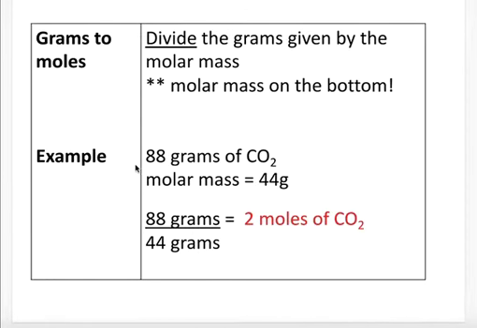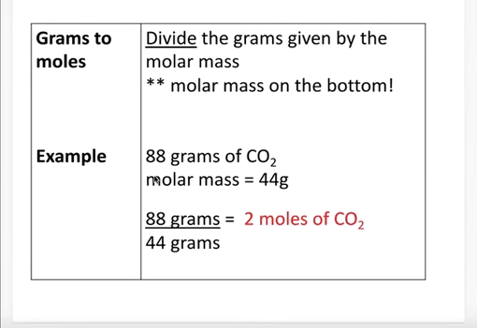For example, if I need 88 grams of carbon dioxide to do some sort of chemical reaction, I want to know how many moles that is. So I calculate the molar mass of carbon dioxide, which is 44 grams, right? And to get that number, again, I'm adding up one carbon, which is 12, plus 2 oxygens, right, which are 16 and 16.